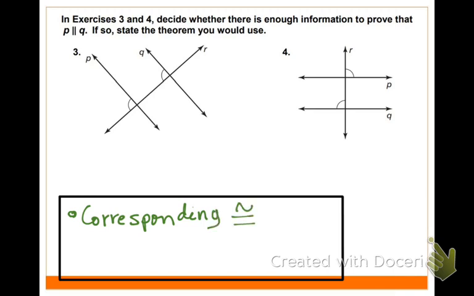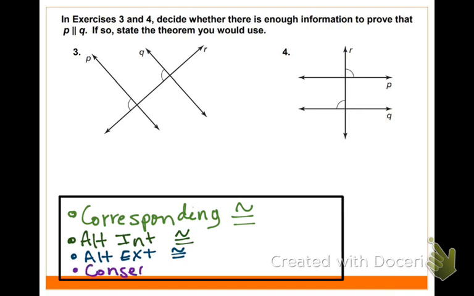And then there was alternate interior, which had to be congruent. Then there was alternate exterior, which had to be congruent. And the last we're looking for would be consecutive interior, which would be supplementary. So those are the 4 that we're going to use to decide whether or not these are parallel.